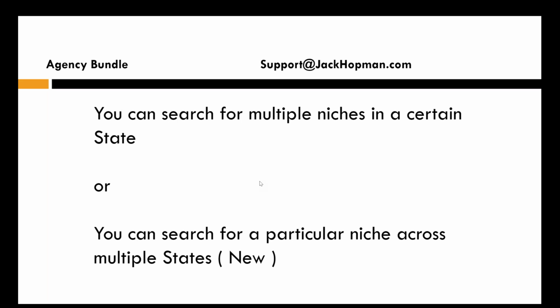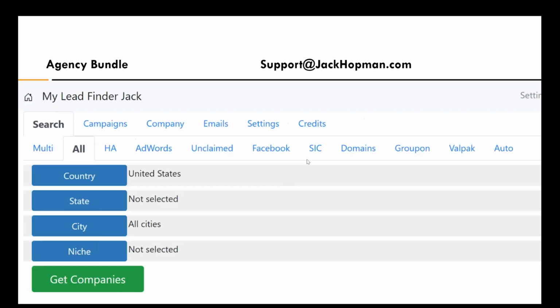Or let's say you are really zoomed in on a certain niche. Now you have the option to search for a particular niche across multiple states. So here, then you go to auto, and I will demo it live. In the auto, you can select a certain niche, like roofer. You can collect all the roofer leads across multiple states.